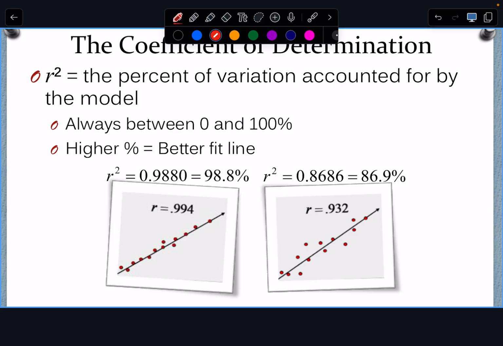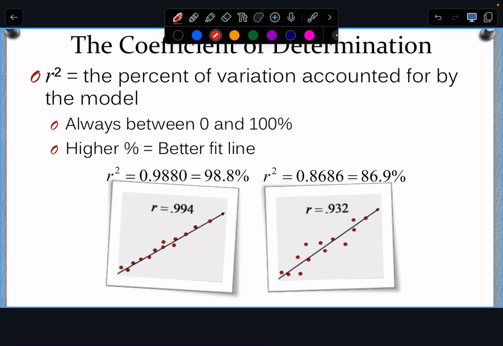So R squared is the percent of variation accounted for by the model. It's always a number between 0 and 100%. And then the thing it really measures for us is how accurate the line is. The higher my percentage for correlation squared, the better fit the line is, the more accurate my predictions are.